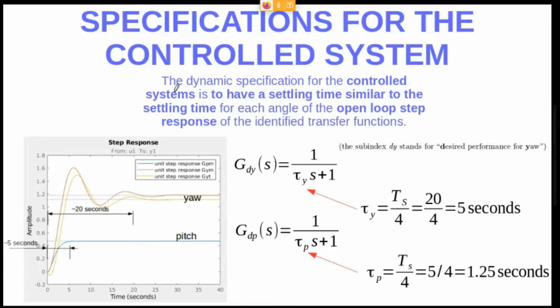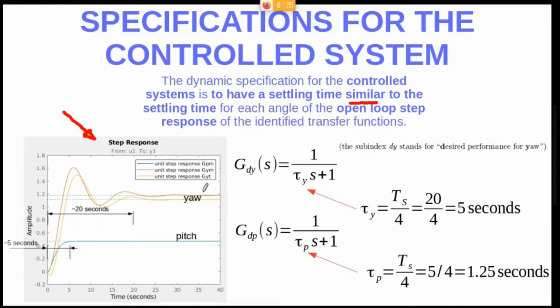It's very important because for this problem, the dynamic specification for the feedback systems is to have a settling time so similar to the settling time for each angle of the open loop step response that you have here. This is the open loop step response.